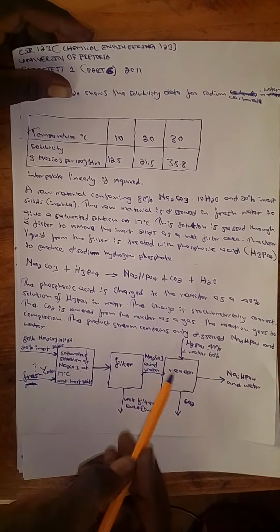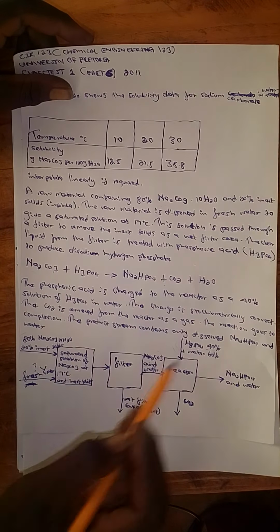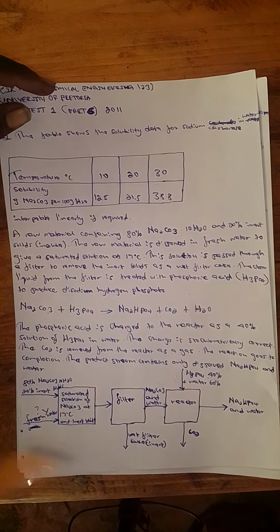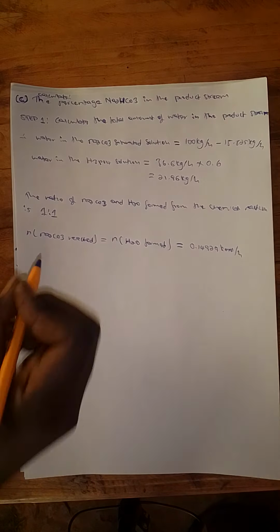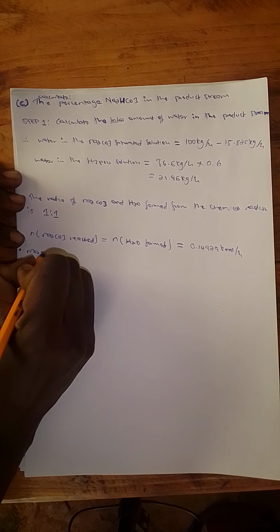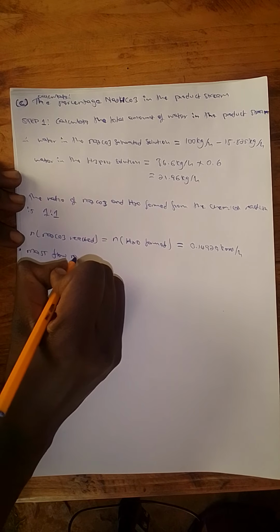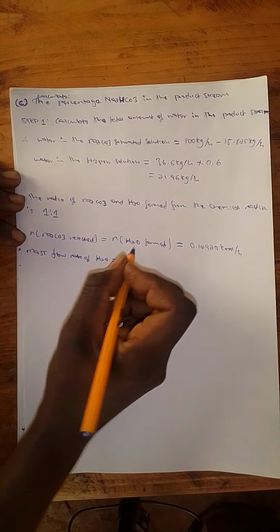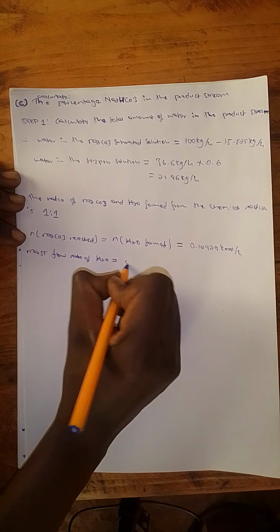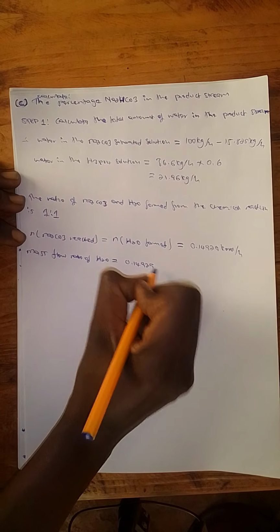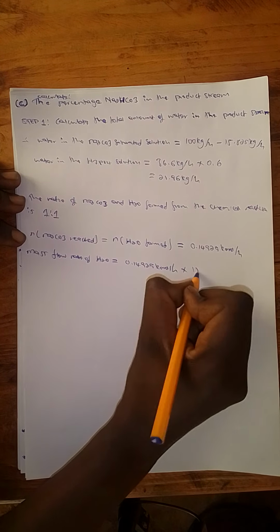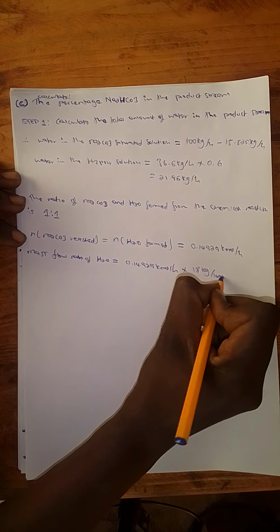So we know, for sure, the mass of the water here and also the mass of the water here, the flow rate. We've already found out the number of moles of the water. And if we have the number of moles of the water, we can actually use the molar mass of water to calculate the mass flow rate of the water. And we'll do just that. So we can just say the mass flow rate of H2O is equals to 0.14929 kilomole per hour multiplied by 18 kilograms per kilomole.